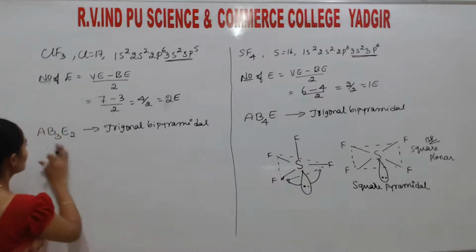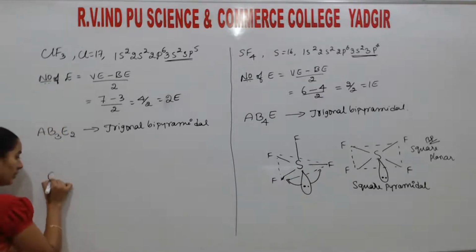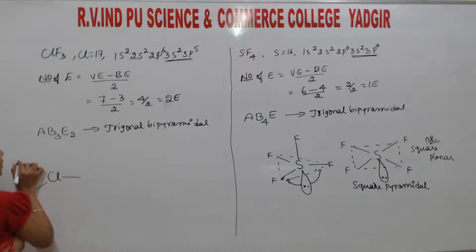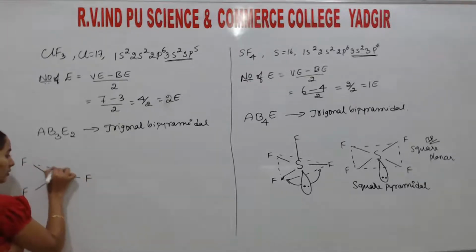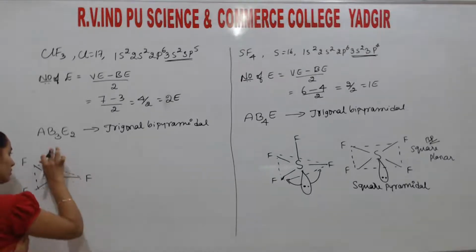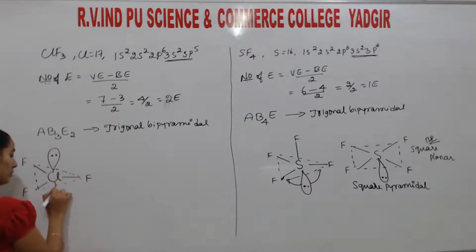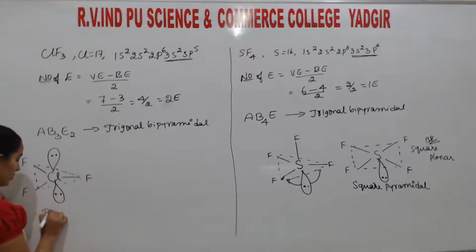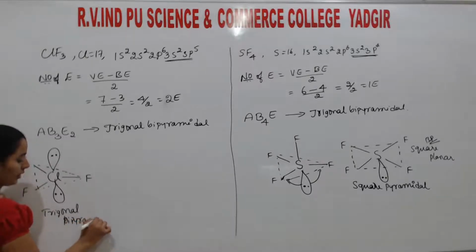Square pyramid. So here I will take this Cl atom here and this F here and of course lone pair electrons here. Then this is of course trigonal bipyramidal.